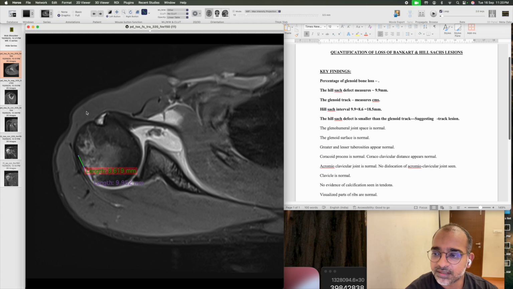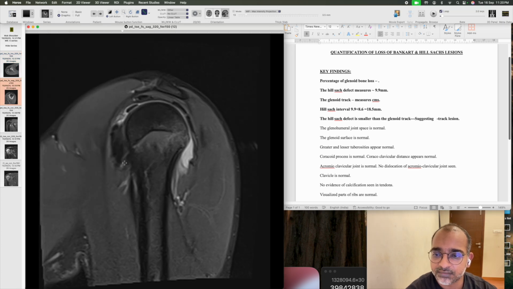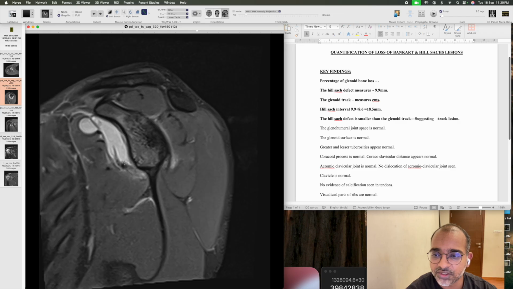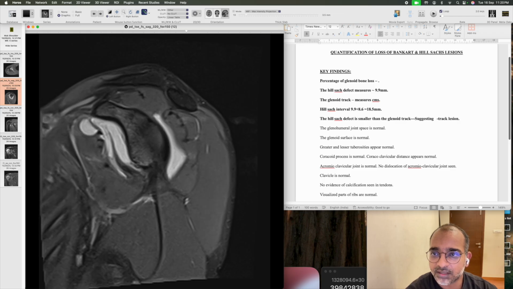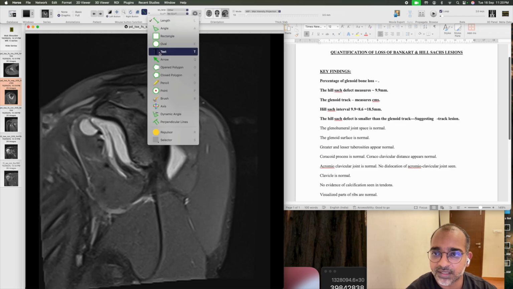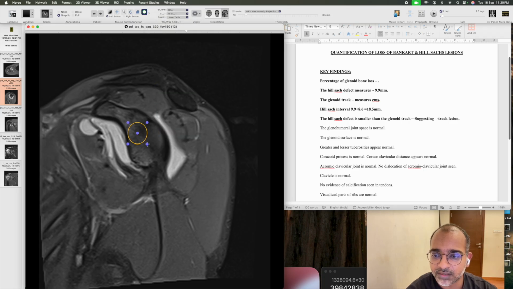So let us see. This is a sagittal image, and I am putting a best fit circle here. So I'm drawing a best fit circle. I'm trying to fit it.